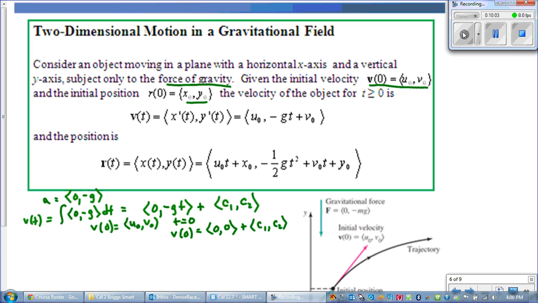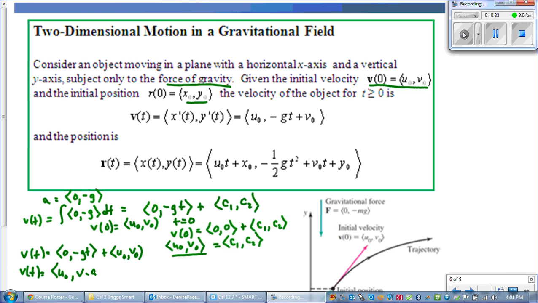But v of 0 is u naught, v naught, which means that c1, c2 is u naught, v naught. So our velocity function, which was 0, minus gt plus u naught, v naught, will be just u naught, v naught minus gt. So that's our velocity function.